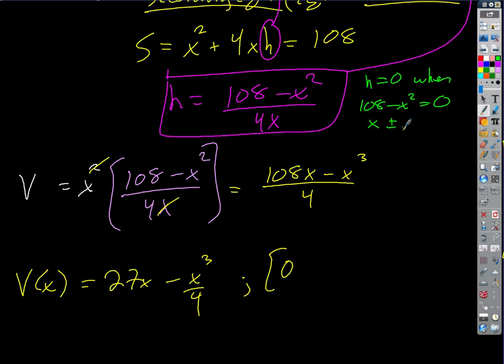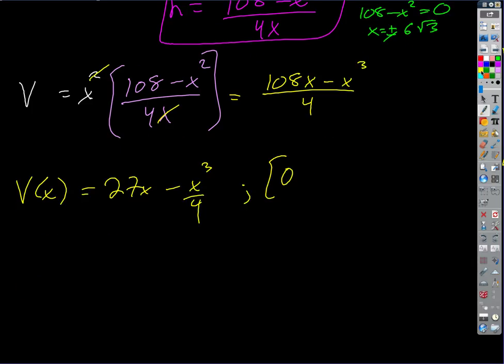What is the square root of 108? 36 times 3, so it'd be 6 radical 3. Does minus make sense in this case? No, x can't be negative. You can't have a negative distance. And so the upper limit for x would be 6 radical 3, because that's when h is 0.